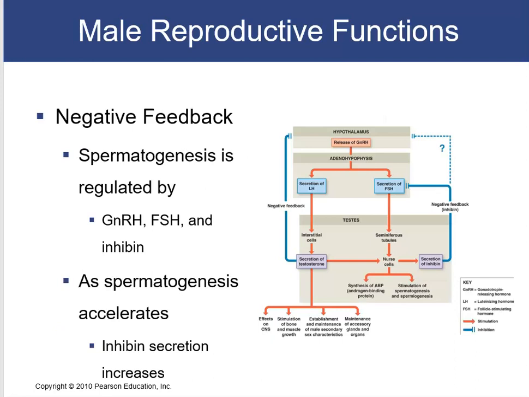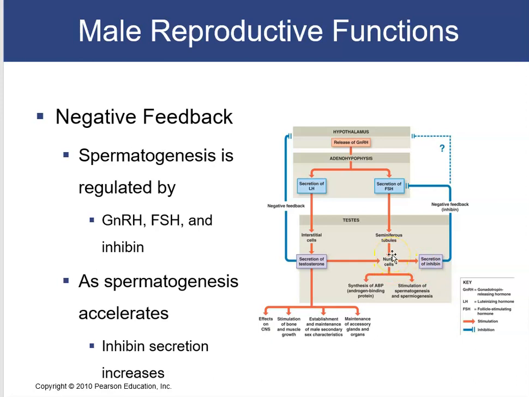Hormone secretion is regulated by the process of negative feedback. We looked at this back in the endocrine chapter. Spermatogenesis is regulated by 3 major hormones: gonadotropin-releasing hormone from the hypothalamus, FSH from the pituitary, and then inhibin. So we can see here, FSH comes to the seminiferous tubules, targets the nurse cells, and would cause them to secrete inhibin.